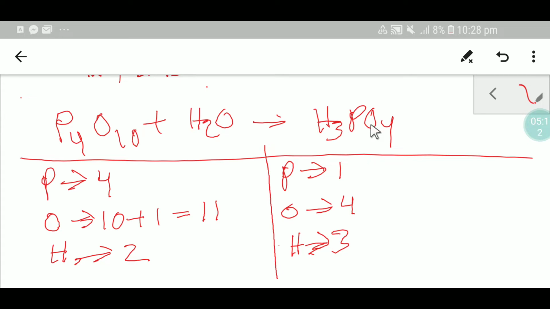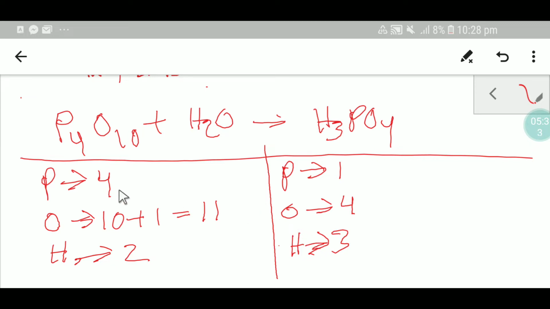In the third step, we have to balance the number of atoms from both sides. So here we have phosphorus 4, but here we have 1, here oxygen 11, oxygen 4, and here we have 2 hydrogen, 3 hydrogen.